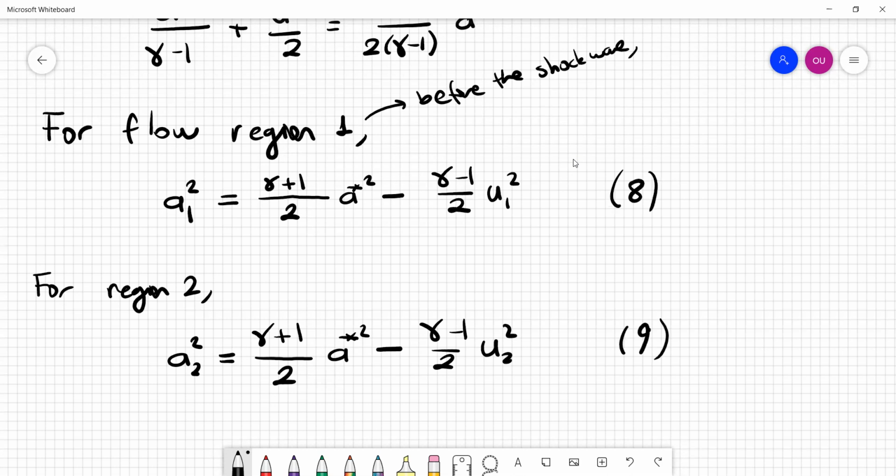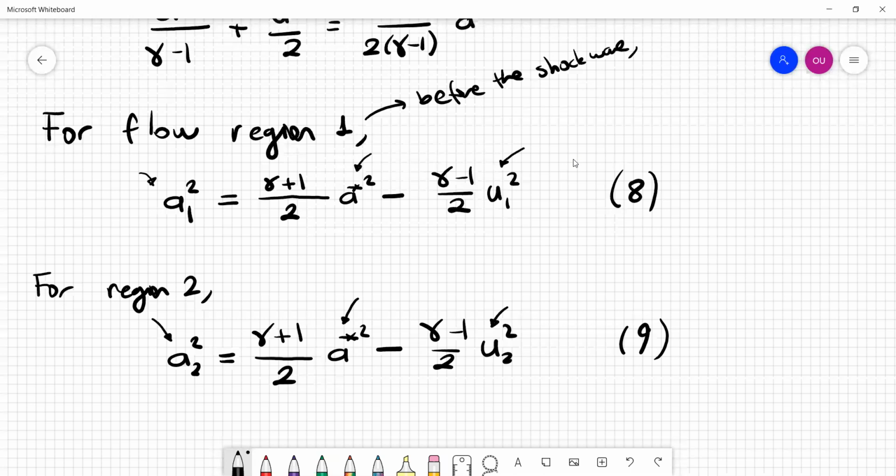I don't know if you can see where this is going. We will write these equations in a second, but you can see speed of sound before the shock wave, velocity before the shock wave, and A star, which does not change across the shock wave, as we have been discussing. A2, speed of sound after the shock wave, U2 after the shock wave, A star remaining constant through the shock wave.